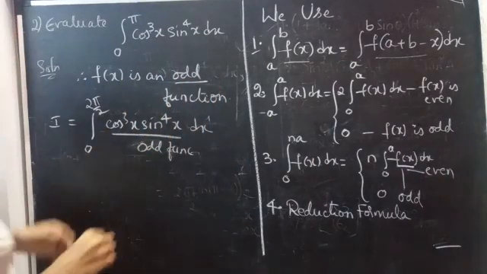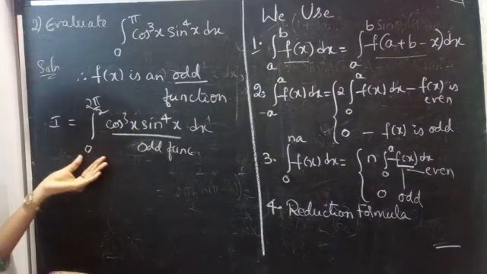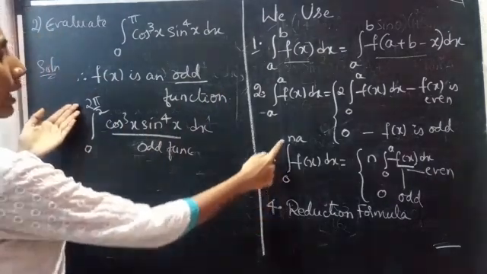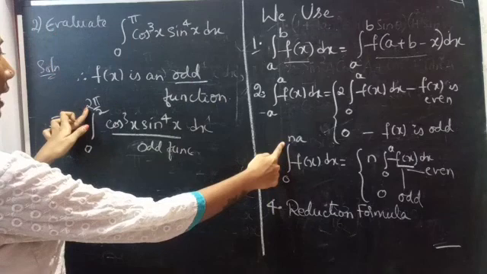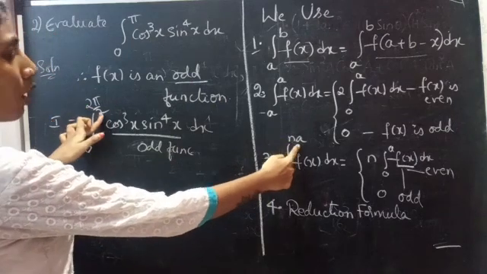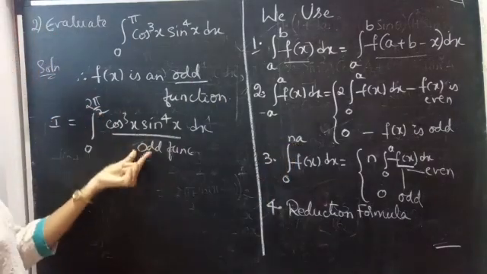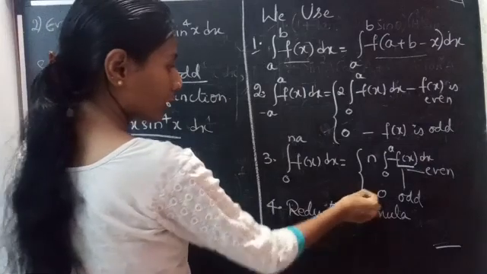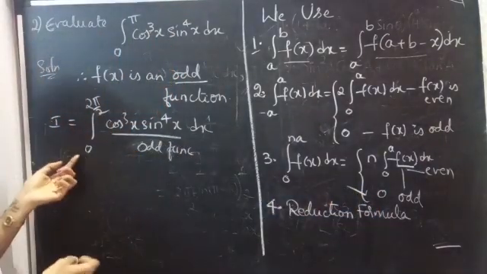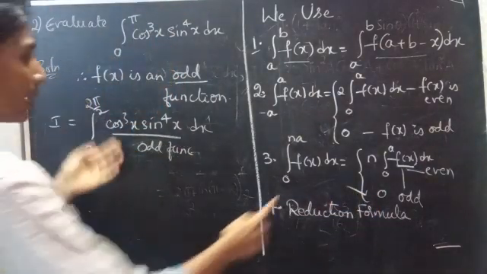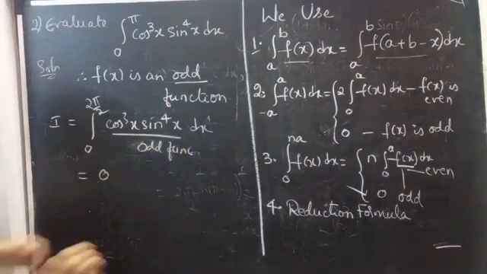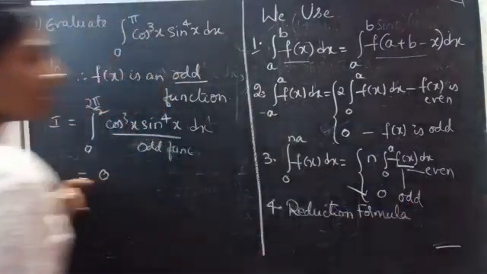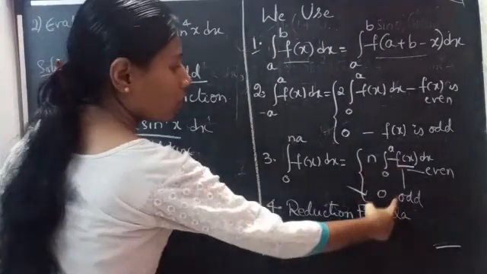Also we know that this is an odd function. So this is of the form integral from 0 to na, with 2 in the place of n and pi by 2 in the place of a. Since f of x is an odd function, the integral from 0 to na of f of x dx is equal to 0 when f of x is odd.